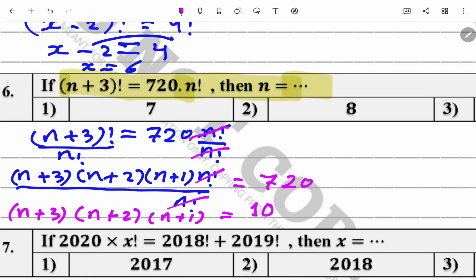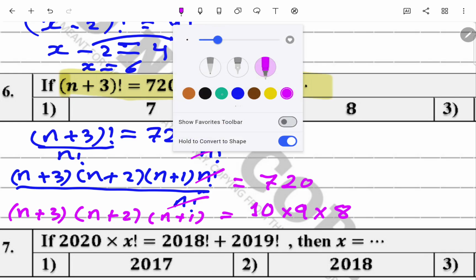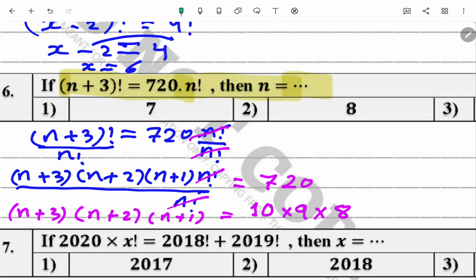You can find 10 times 9 times 8 and try to equate the biggest with the biggest, or the second with the second, or the smallest with the smallest. Only one of them is enough. Don't do all. So I will choose this one, and that will give me n plus 3 equals 10.